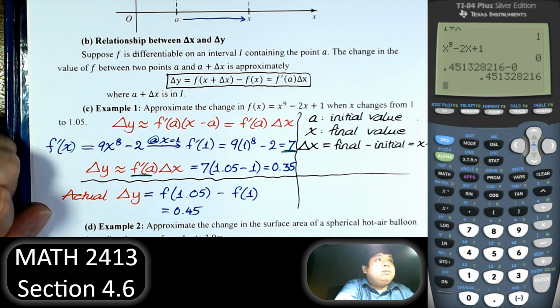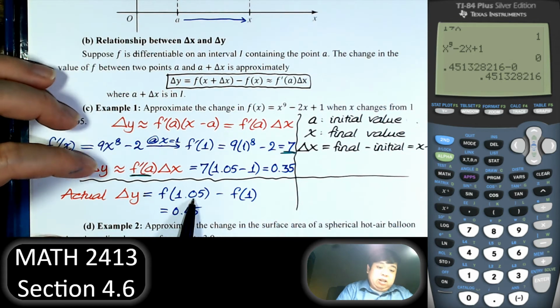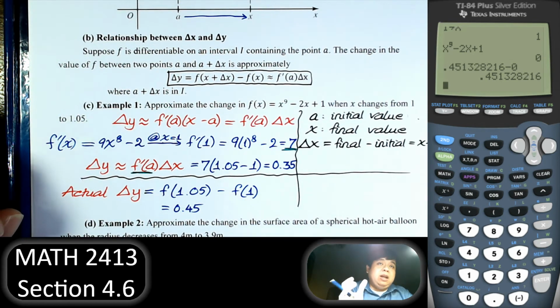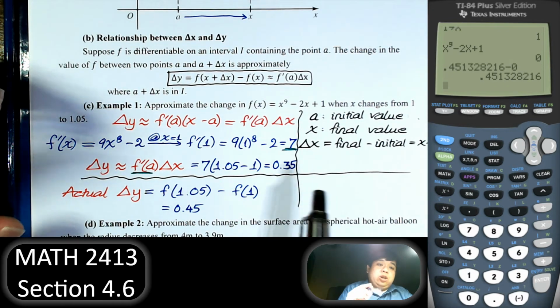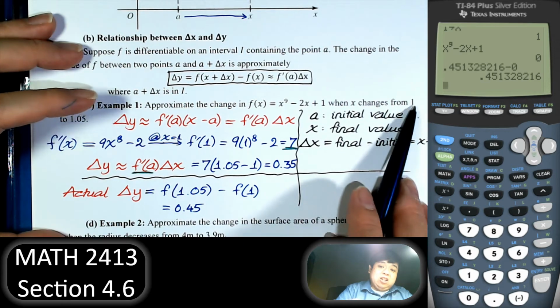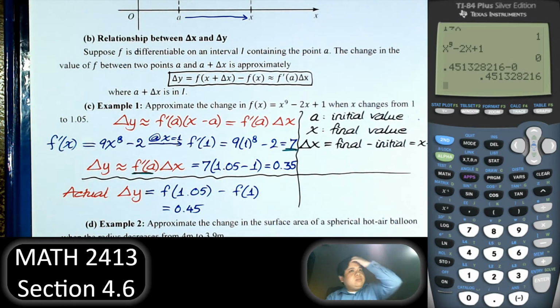So if you want to find the actual difference, put the final values in the function, and the initial values in the function, subtract the two function values. Now if we only want to estimate the change, take derivative, evaluate at the initial point and then times the change. So that's what we have.